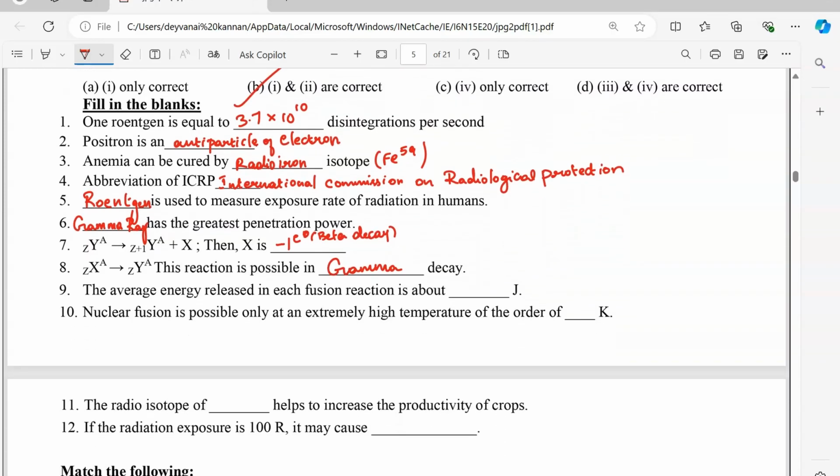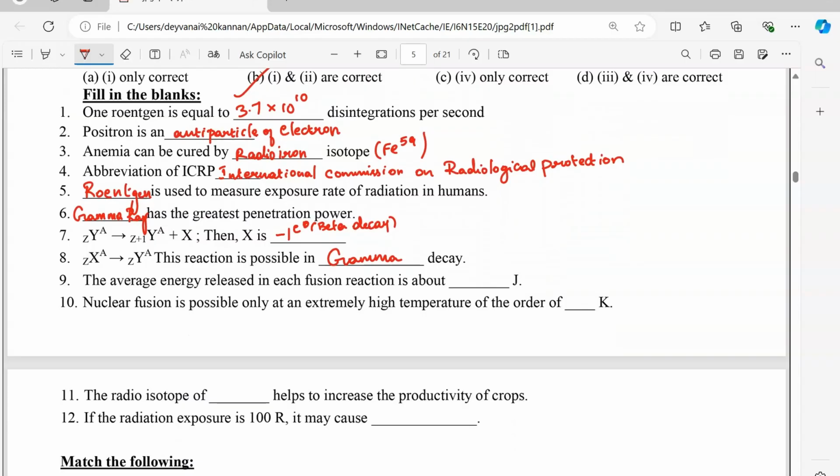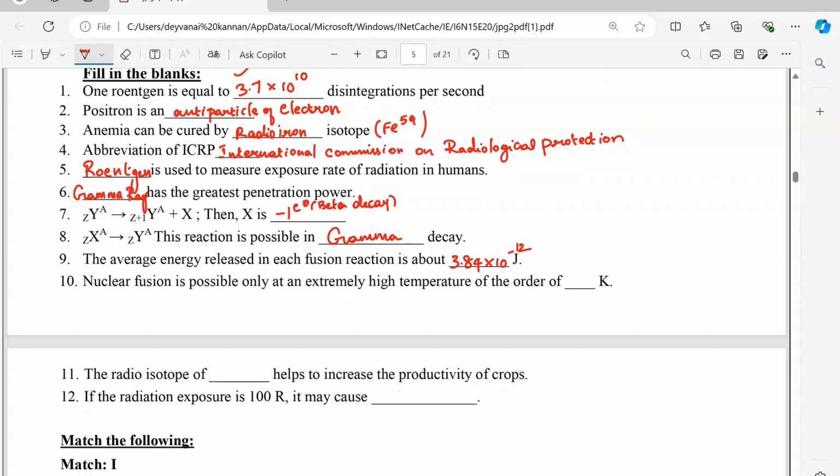The average energy released in each fusion reaction is about 3.84 x 10^-12 joule. Nuclear fusion is possible only at extremely high temperature of the order of 10^7 to 10^9.